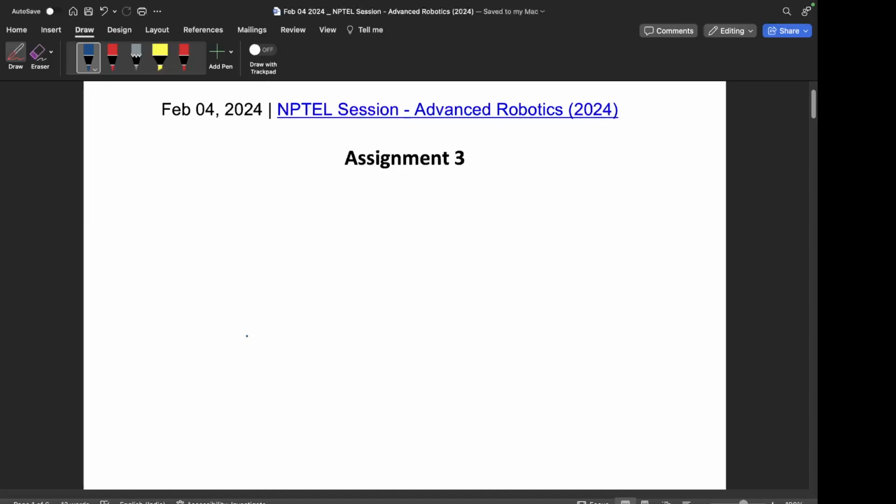So let's start with the very basic example. Let's say there is a manipulator which I am drawing, with end effector position given as x, y, and it's a 3 degree of freedom 3R manipulator, right?